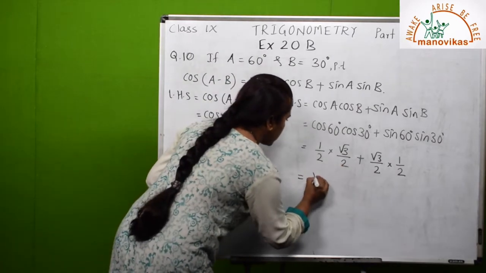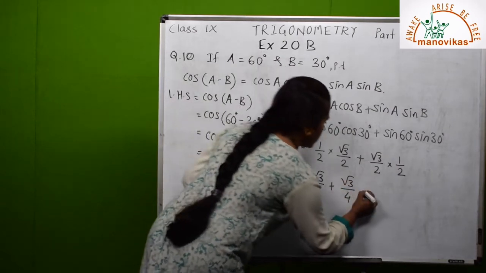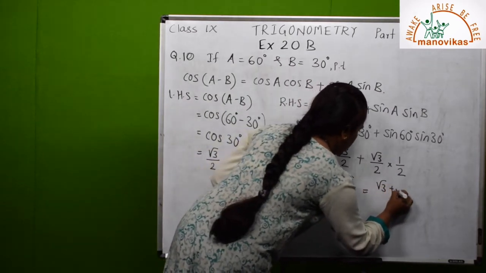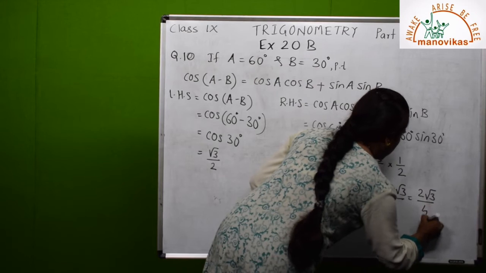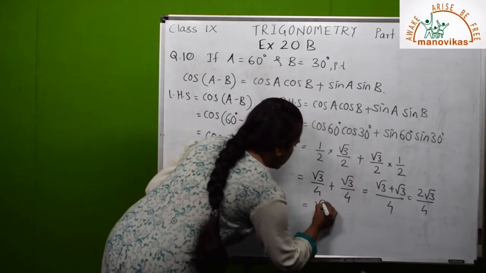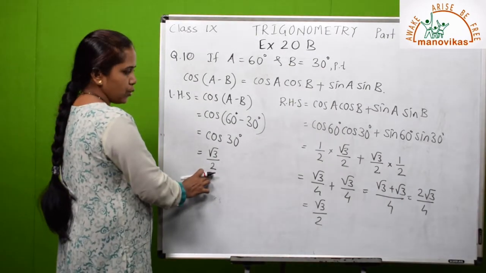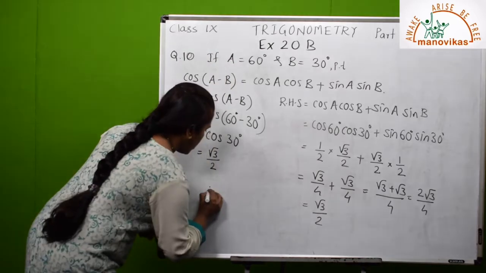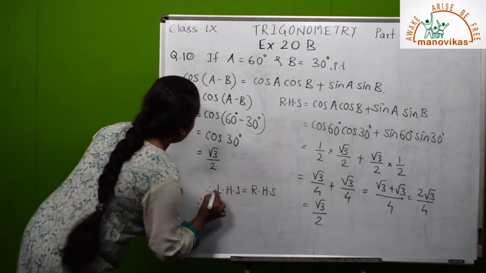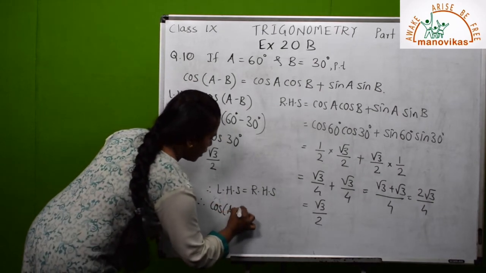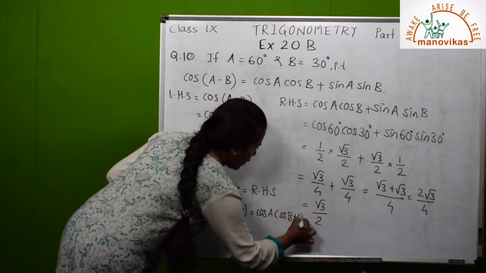Again multiply this: root 3 by 4 plus root 3 by 4, which is equal to root 3 plus root 3 by 4, which is equal to 2 into root 3 by 4, which is equal to root 3 by 2. So if you see, LHS is root 3 by 2, RHS is root 3 by 2. Therefore, LHS is equal to RHS. So cos(A minus B) is equal to cos A cos B plus sin A sin B.